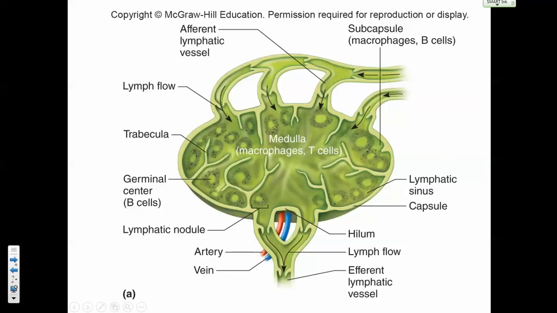I want to move to a picture of it. Here you notice inside the lymph node these clusters. These are some clusters of lymphocytes. And the whole reason the lymphatic system is called the lymphatic system is because it has organs that house lymphocytes.